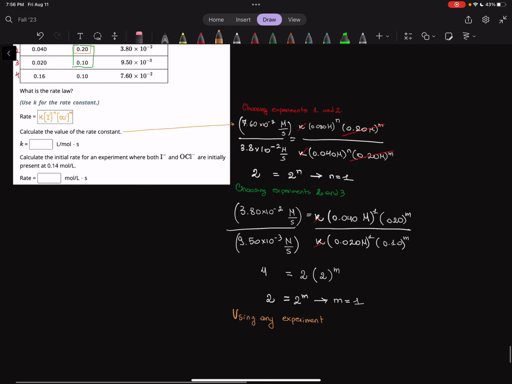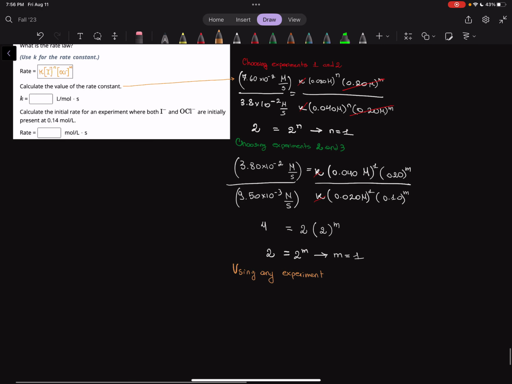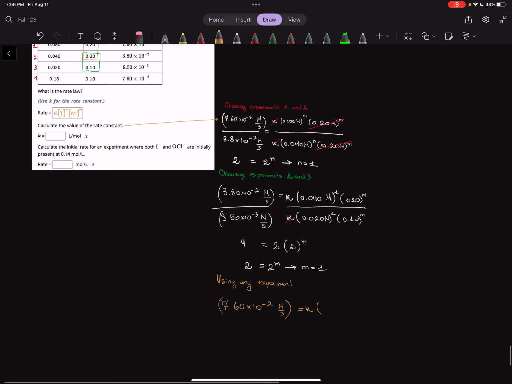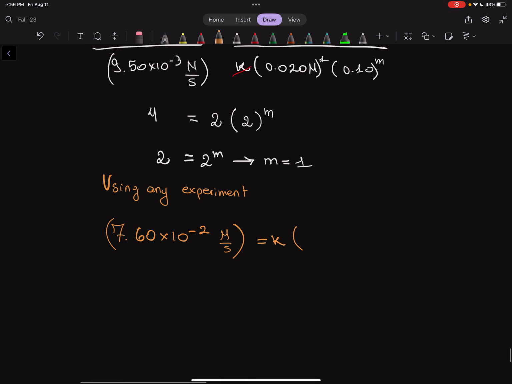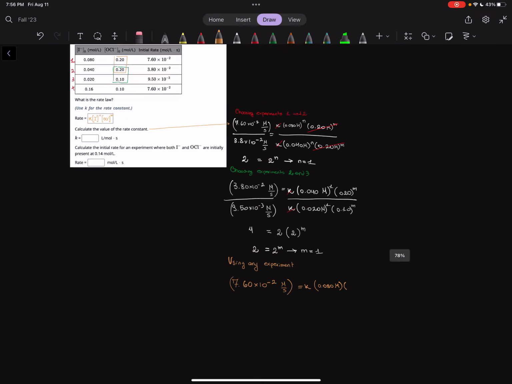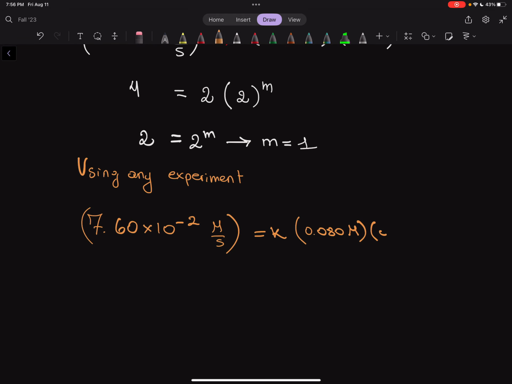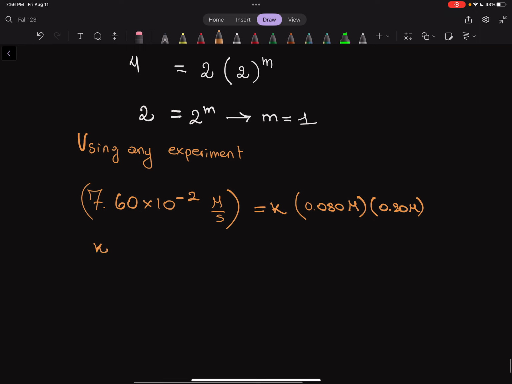So we're going to say that 7.60 times 10 to the negative 2 molars per second is equal to K multiplied by 0.08 molarity and 0.20 molarities, and so you get your K. That's going to be equal to what?